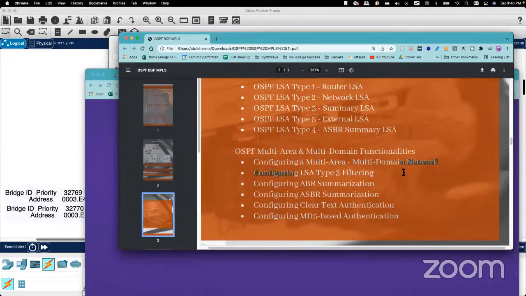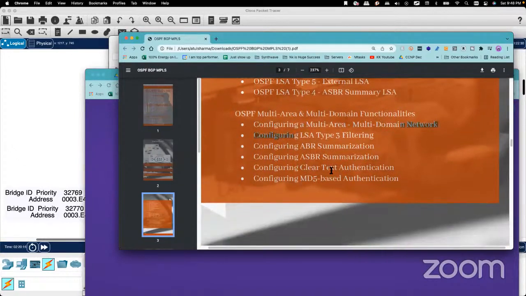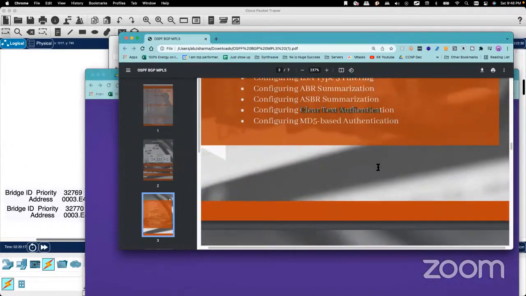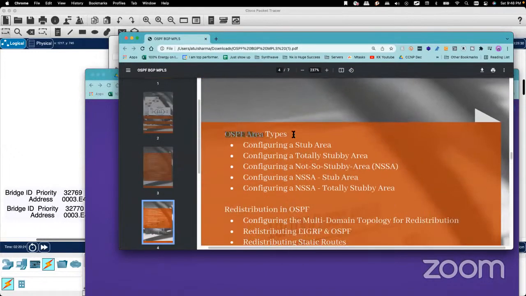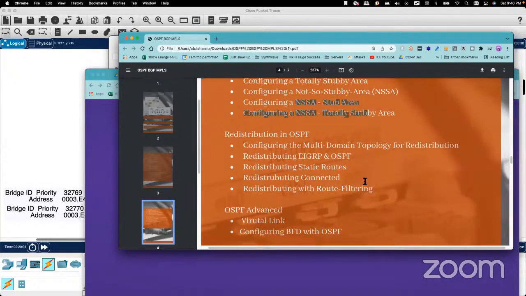We will see how to use summarization, MD5 authentication, and clear text authentication. Then the main important topic of OSPF is stub areas: what is stub, what is totally stub, what is NSSA, what is totally NSSA, and some more important topics like virtual link and how to configure it.